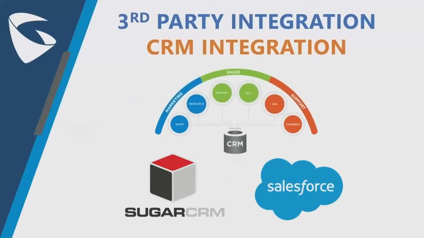Customer Relationship Management, or CRM, is a set of practices, strategies, and technologies that companies use to manage and analyze customer interactions and data throughout the customer lifecycle, with the goal of improving business relationships with customers. Currently, our UCM series supports 2 major CRM platforms, Sugar CRM and Salesforce CRM.